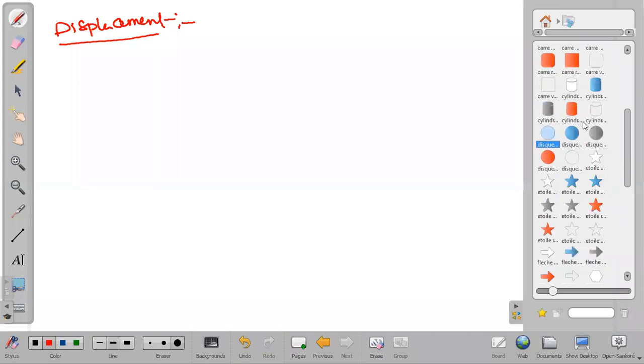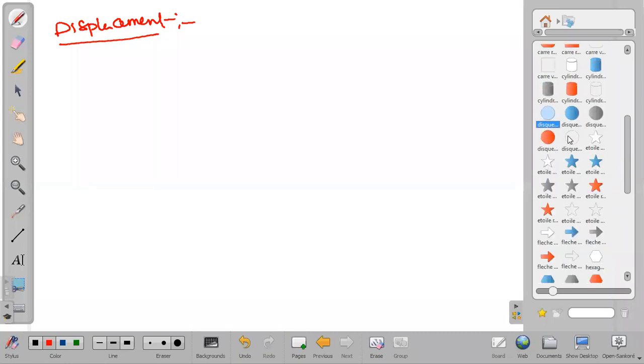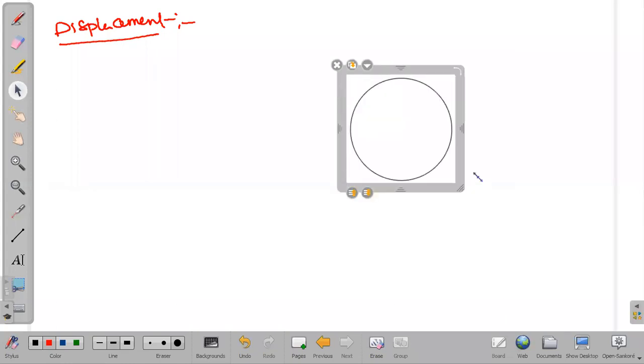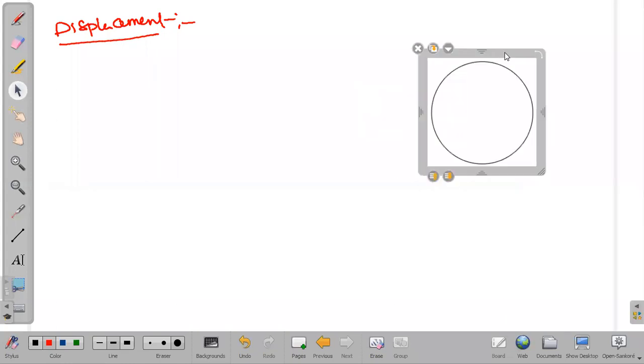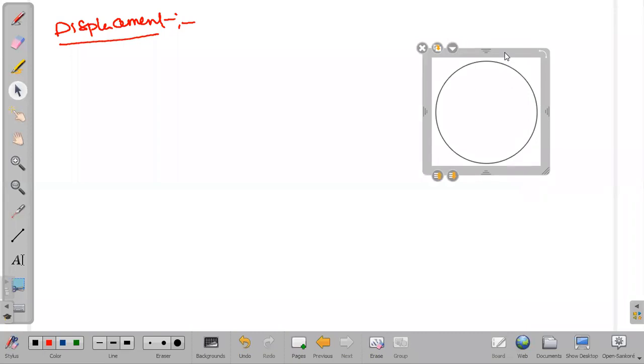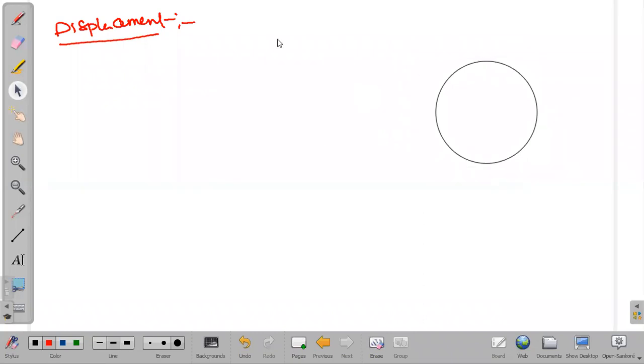Just hold on. Right. So I have taken one circular path. In this only I will be choosing all of them. Right. Now, in this circle, we have to take a particle which is in circular motion. So I have taken the particle somewhere here.